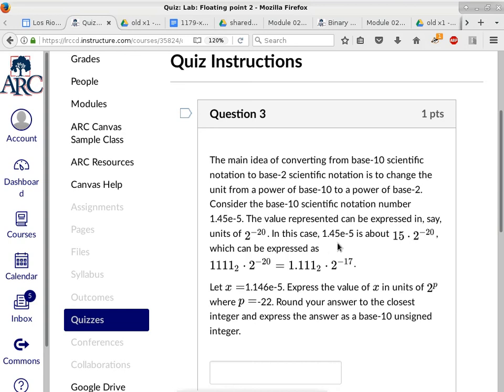But then in the following part, instead of just writing it's 15 times 2 to the power of negative 20, I convert the 15 to 1111 in base 2. 15 in base 10 is the same thing as 1111 in base 2, because 15 is 1 plus 2 plus 4 plus 8.